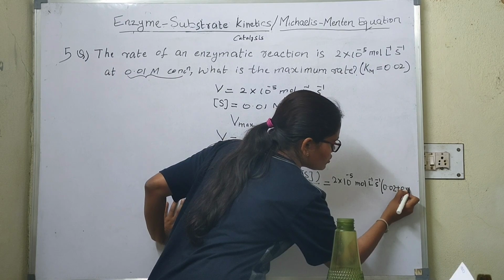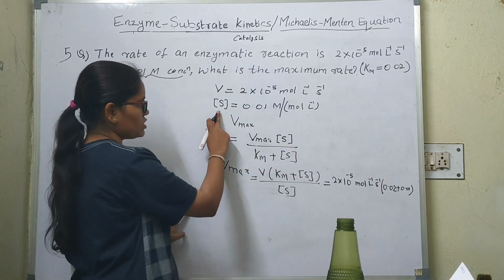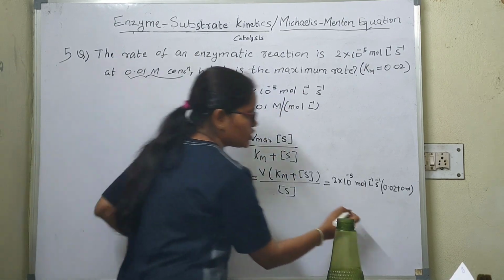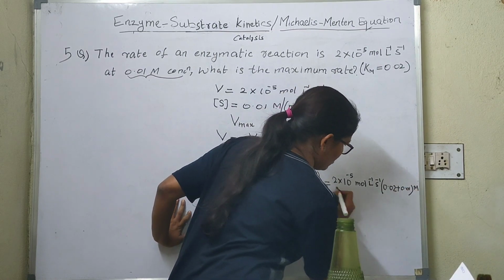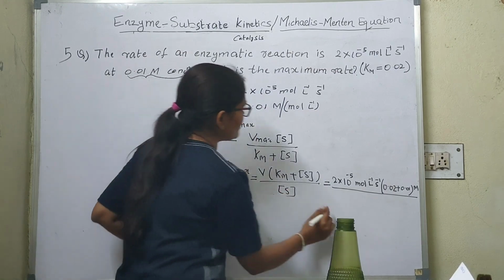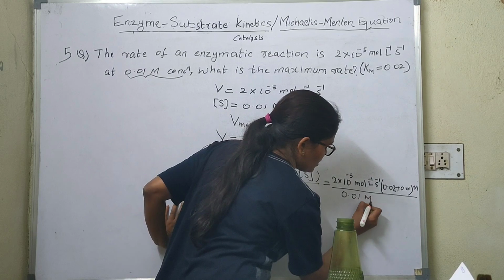The unit of Km is molar and the unit of concentration of substrate is also molar, so I can write molar outside the bracket, and in the denominator you have the substrate concentration, that is 0.01 molar.